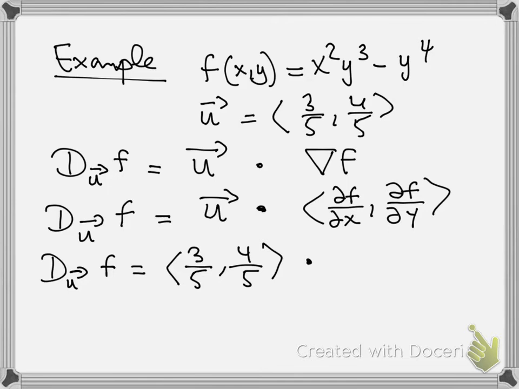What's the derivative of f with respect to x? y is a constant, so the derivative of x squared is 2x times y cubed, and the derivative of y to the fourth, y being a constant, is 0. So it's just 2x y cubed. And what's the derivative of f with respect to y? Now x is a constant, so x squared times the derivative of y cubed, that's 3x squared y squared, minus the derivative of y to the fourth, that's 4y cubed.